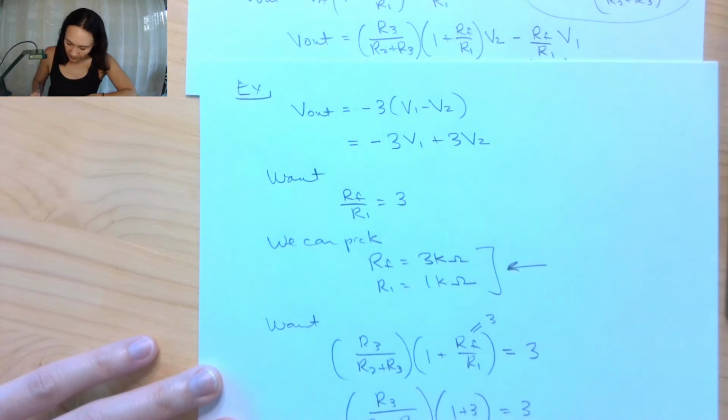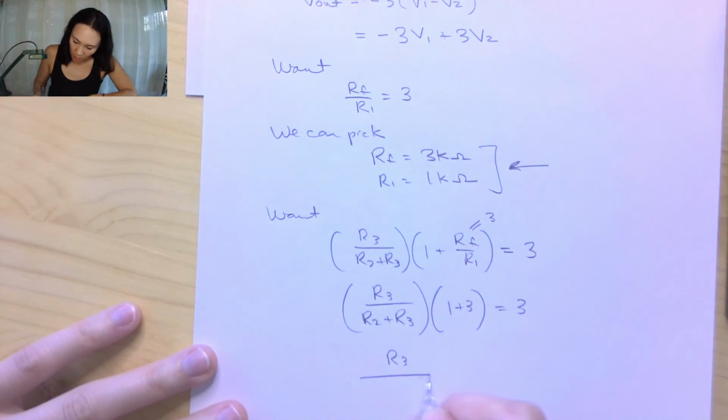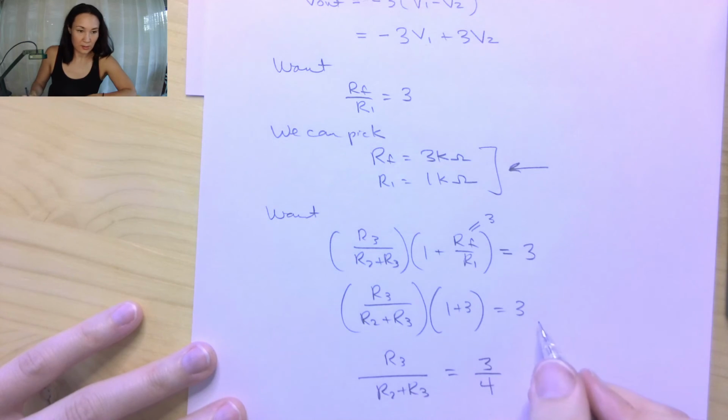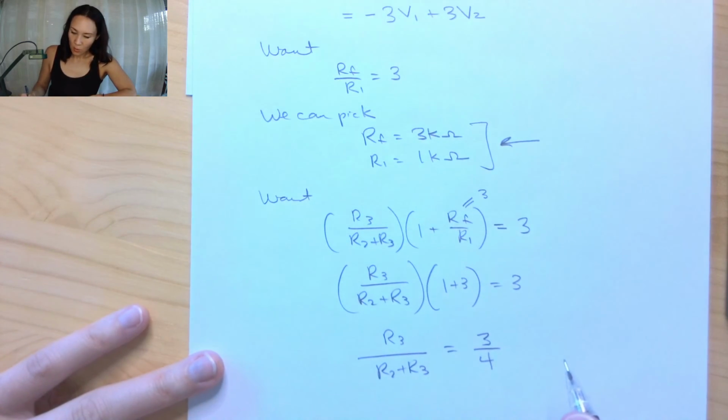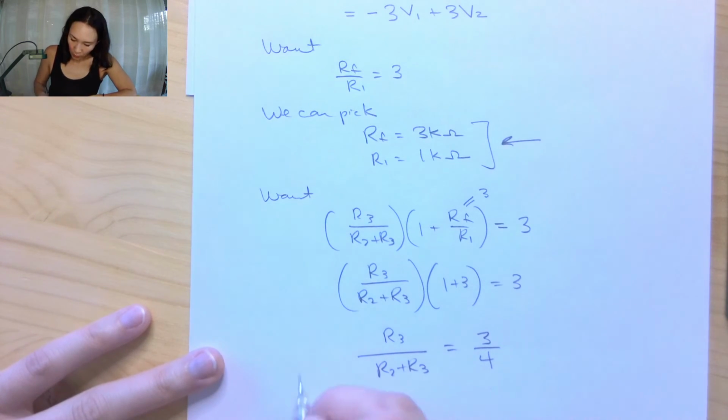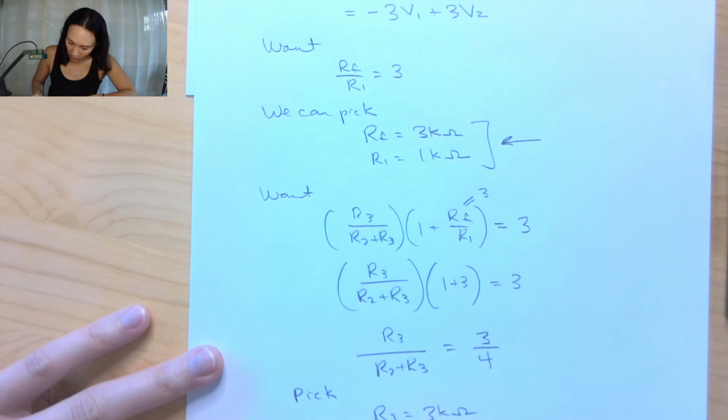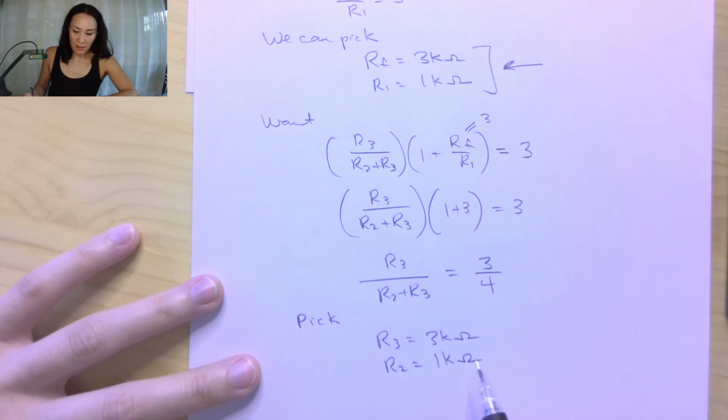So we want R3 over R2 plus R3 to be equal to 3 over 4, if I bring this over here. What would be a good choice that would work? Well, we can let R3 be 3K ohms and R2 be 1K ohms, and that would satisfy this requirement.